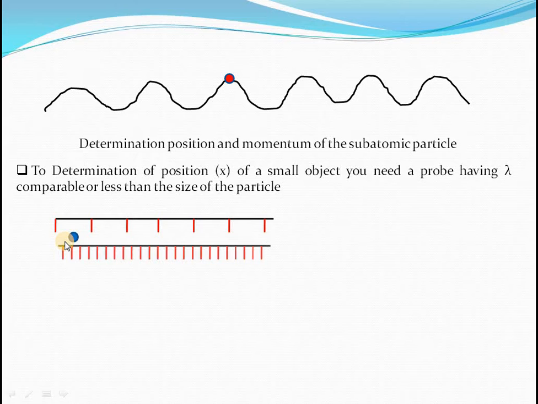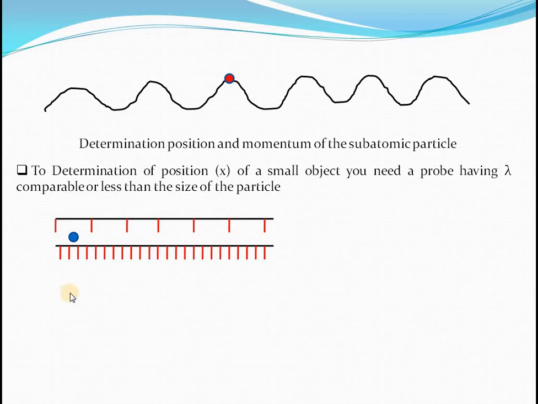But if we use a ruler whose gap between successive lines is at least comparable with the size of this particle, then the size that we determine will be much more precise than the previous one.